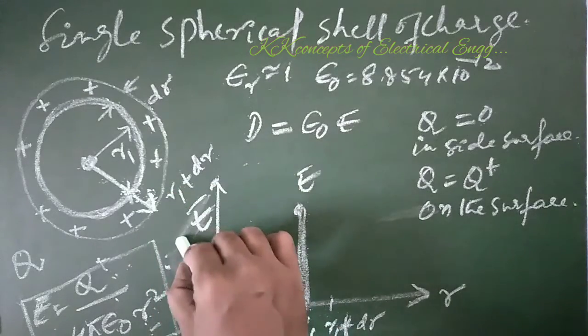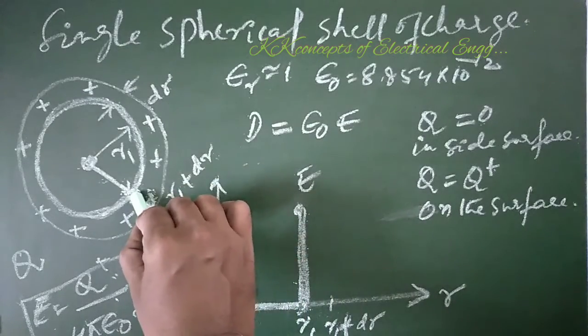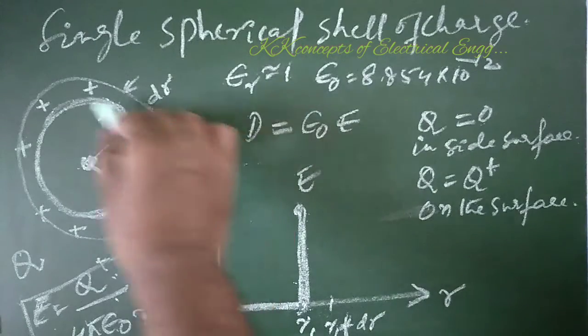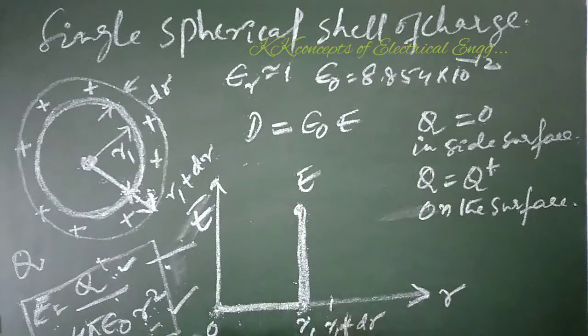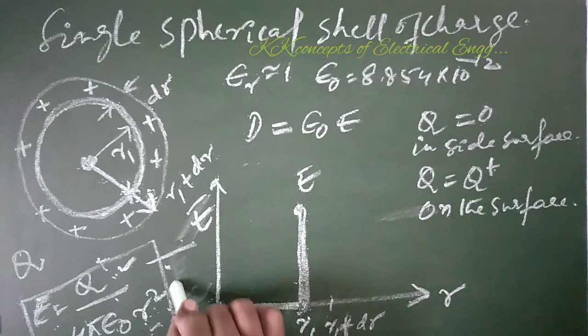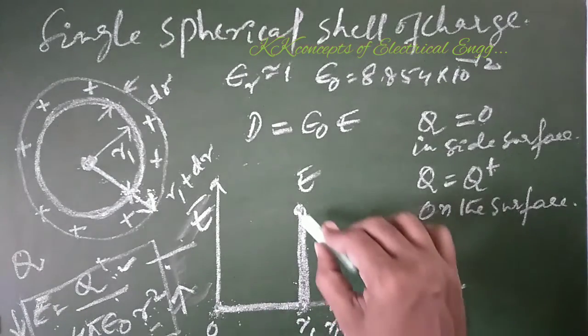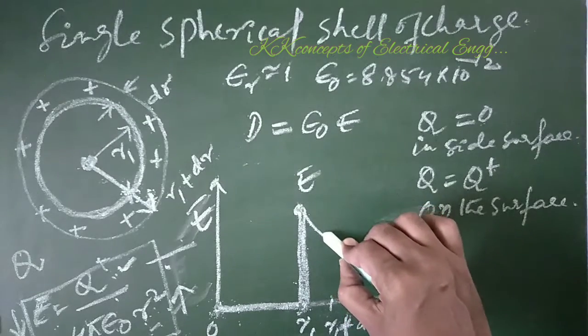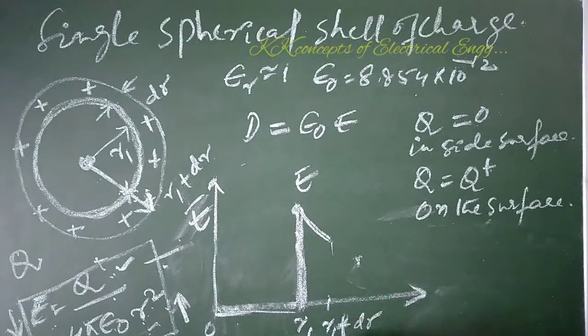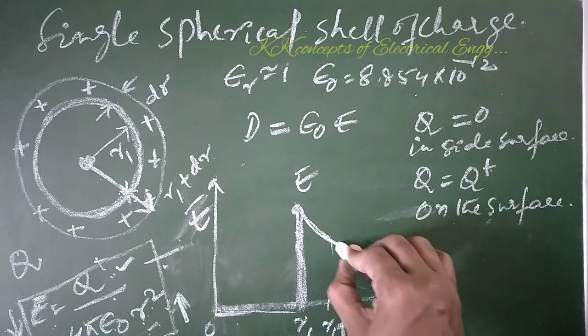When we go away from the surface, the charge is only Q plus and remains constant, and this R value is increasing, then E value automatically decreases. So this will decrease, and if you go far away from the charge, this value is going to reduce.